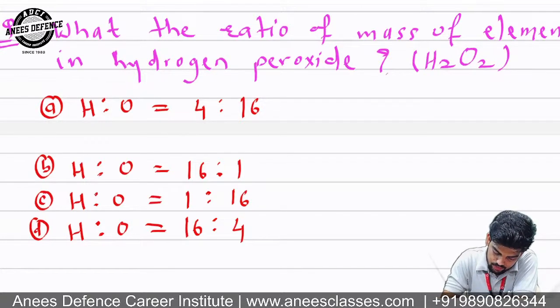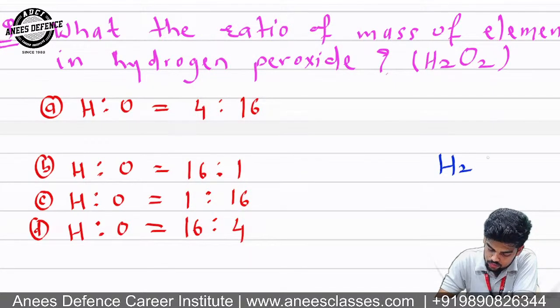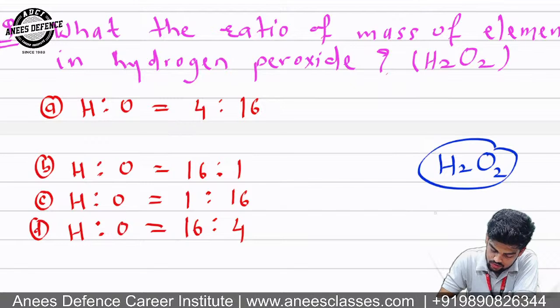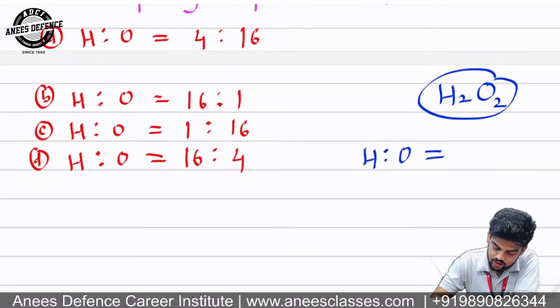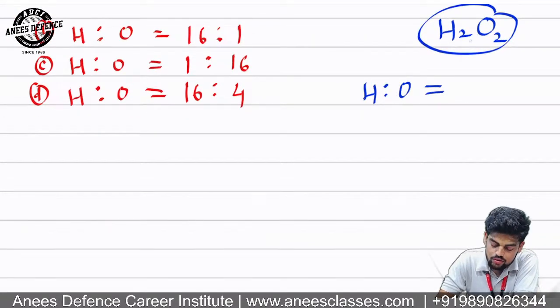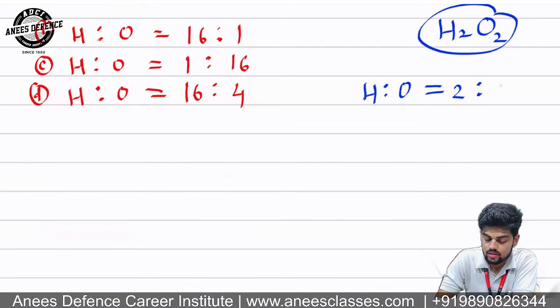If you see, hydrogen peroxide, H2O2, consists of hydrogen atoms and oxygen atoms. In hydrogen peroxide, there are two atoms of hydrogen with mass 2 units, and two atoms of oxygen with mass 32 units. On simplifying this, we get 1 ratio 16.